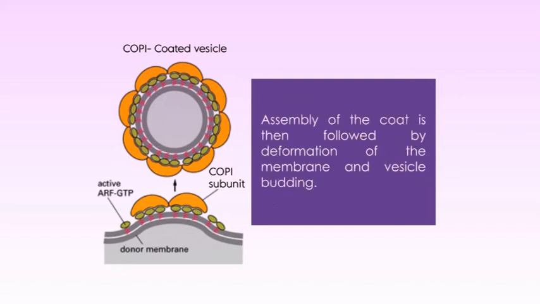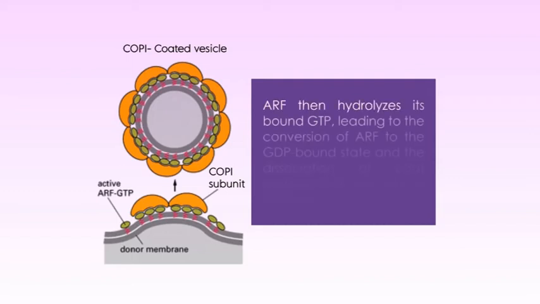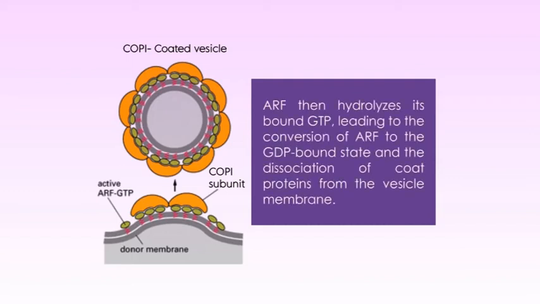Assembly of the coat is then followed by deformation of the membrane and vesicle budding. ARF then hydrolyzes its bound GTP, leading to the conversion of ARF to the GDP bound state and the dissociation of coat proteins from the vesicle membrane.